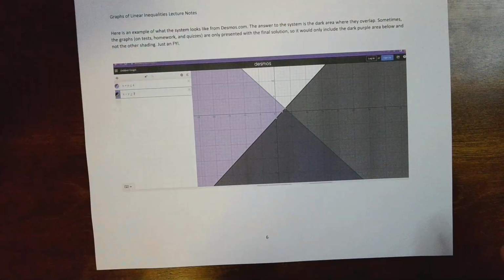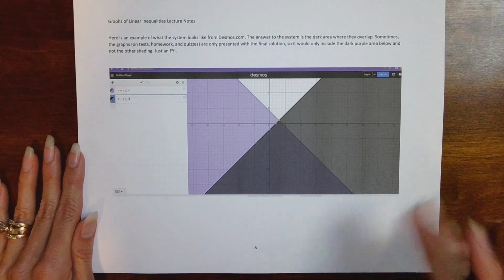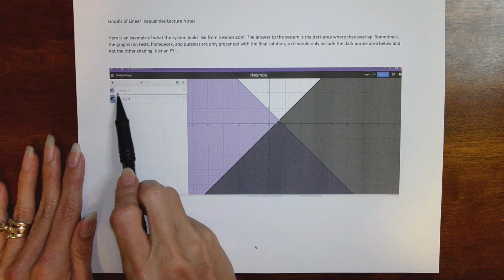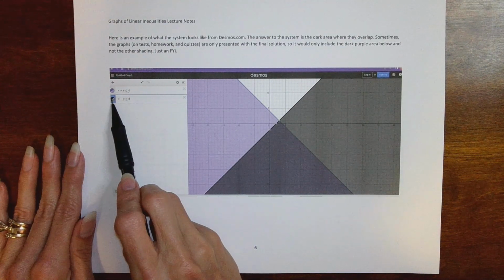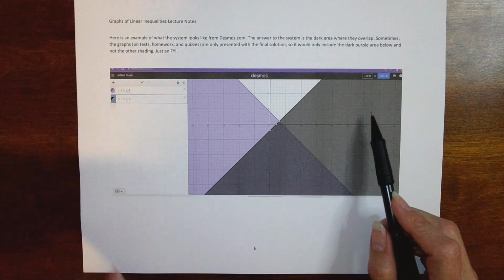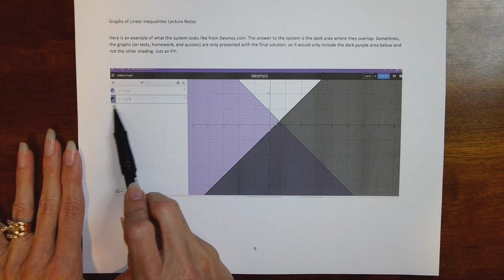If that was too much drama for you, remember that we can put that in Desmos.com. So the first inequality they did in purple. The second one they did in gray. And if you don't like the colors in Desmos, you can come in here and change the colors.